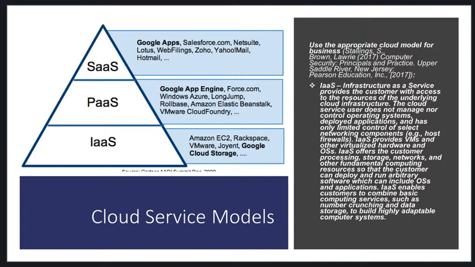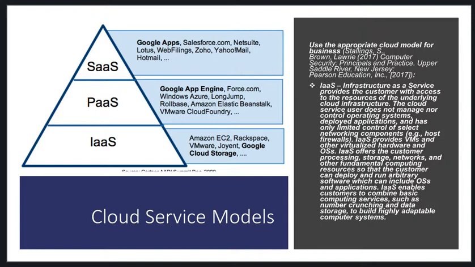Infrastructure as a service provides virtual machines and other virtualized hardware and operating systems. Infrastructure as a service offers the customer processing, storage, networks, and other fundamental computing resources so that the customer can deploy and run arbitrary software, which would include operating systems and applications.